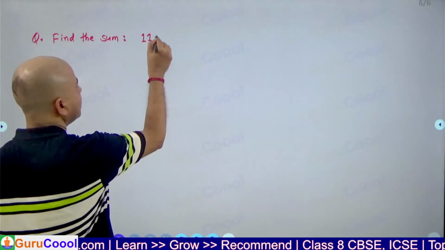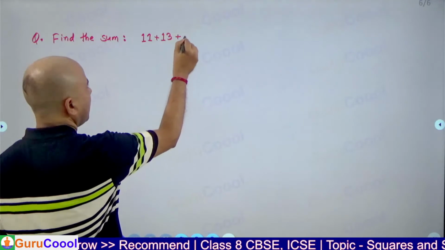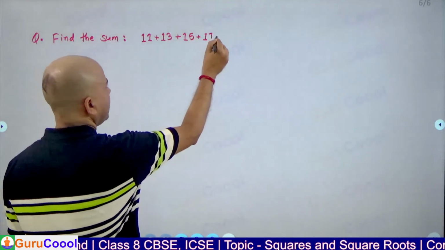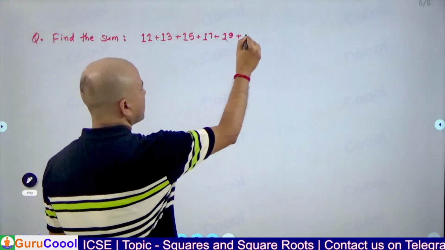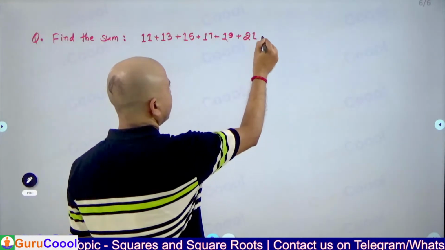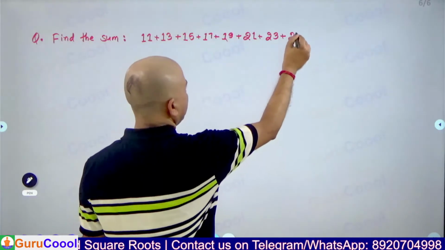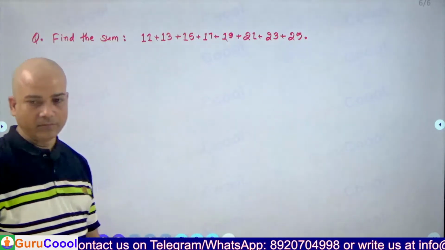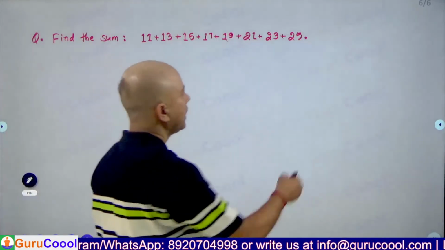11 plus 13, plus 15 plus 17 plus 19 plus 21 plus 23 plus 25. You have to find the sum. How will you add them?